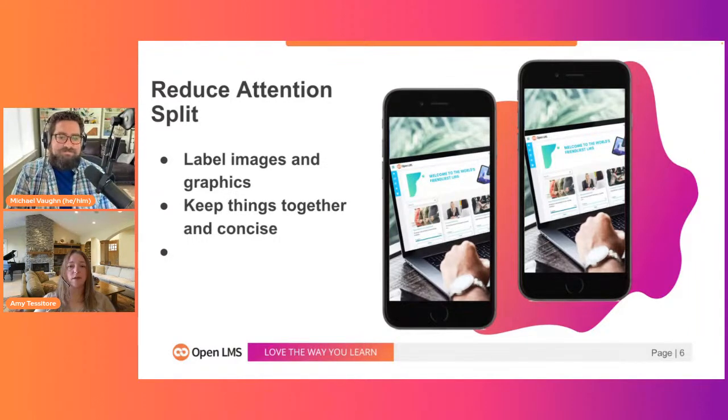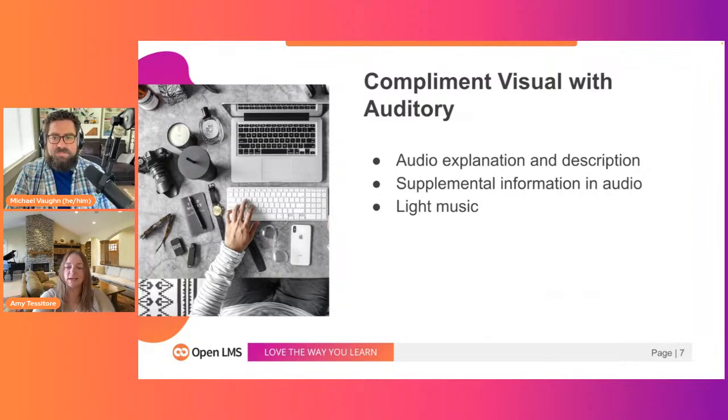I agree. And one thing, kind of the next thing we'll talk about, plays into reducing attention split, but it's actually one of the most interesting parts of cognitive load theory and the learning science behind it, which is that if you complement visuals with an auditory piece, it actually reduces the load on working memory, which I find absolutely fascinating. You would think it would be the opposite, but it's actually not.